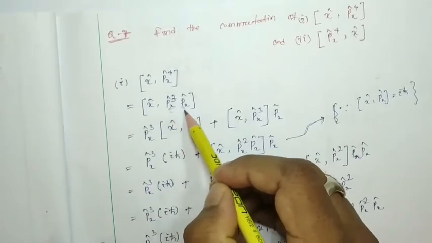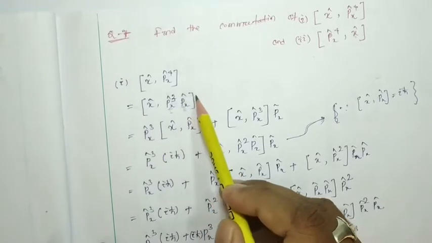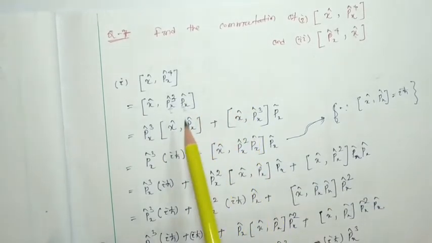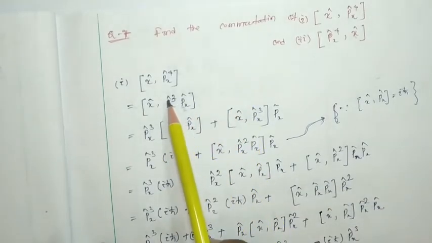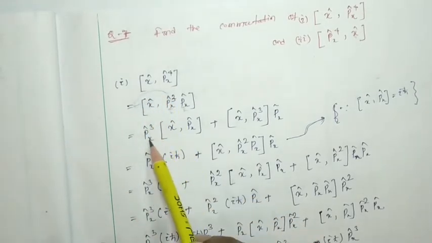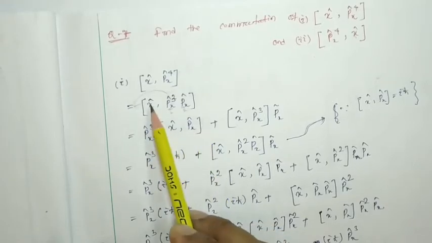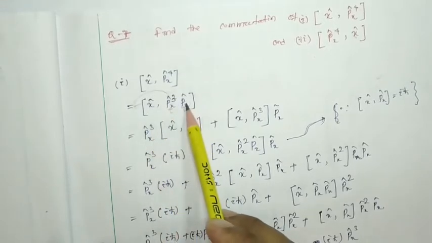The left will go to the left side and the right will go to the right side. So px cap cube moved over here, commutation of the rest, x cap px cap.